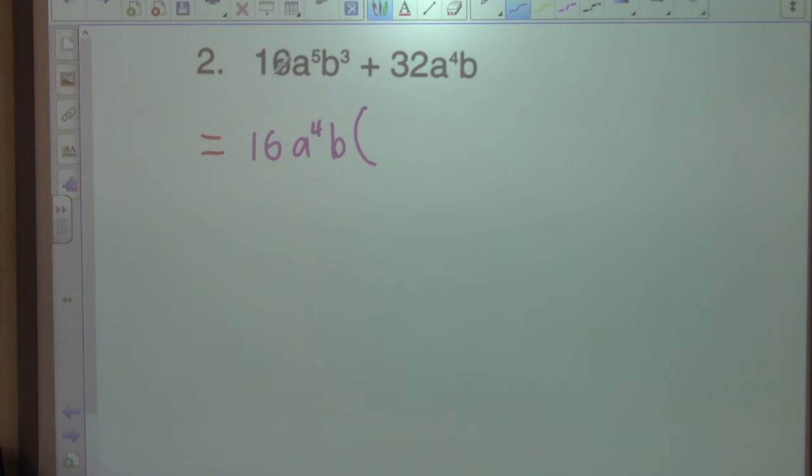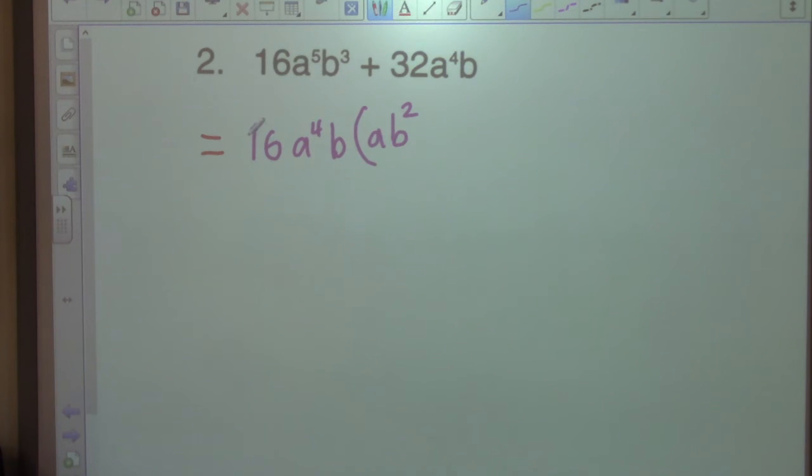So now we look at this thing right here, and what times this is going to equal this? Well, we need to have a to the fifth, right? So we need a still, don't we? Because now when we multiply this, we'll get a to the fifth. And what times b is going to be b cubed? B squared.